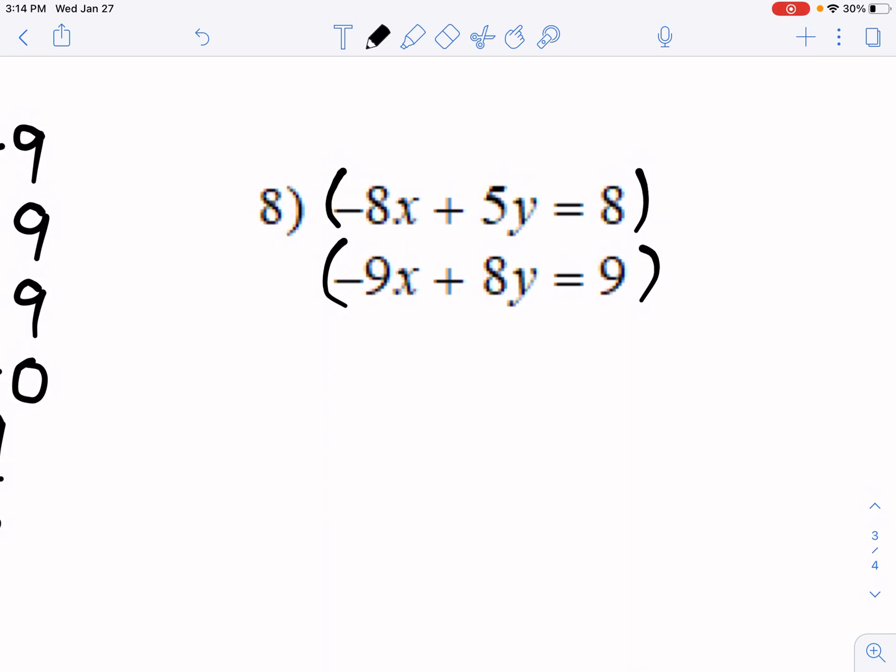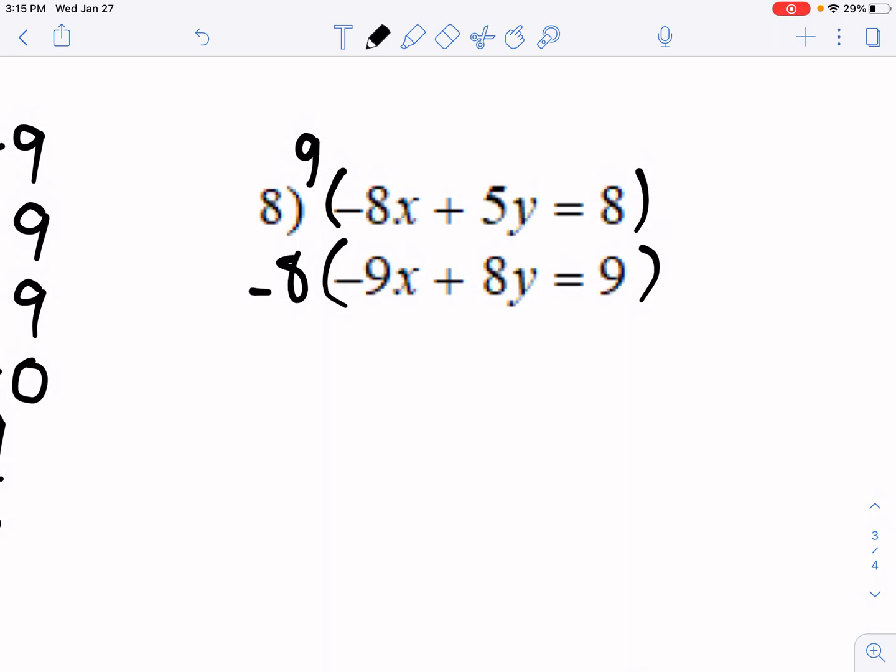You could just multiply the top by a 9 and the bottom by an 8, and that will always give you the same thing because you have a 9 times 8 and an 8 times 9. You're multiplying it so that you get the same value. But keep in mind, one of these needs to be a negative in order for us to have opposite coefficients. So let's just make the bottom one a negative 8.